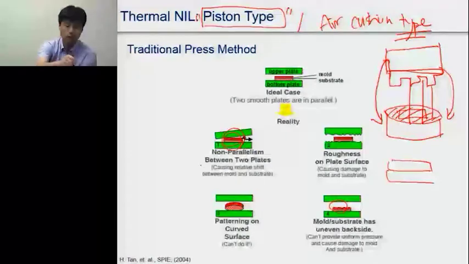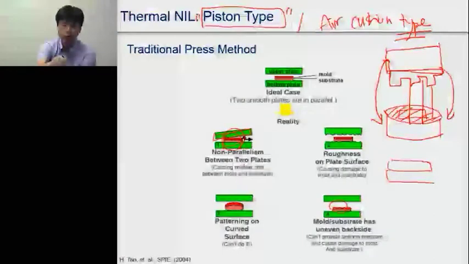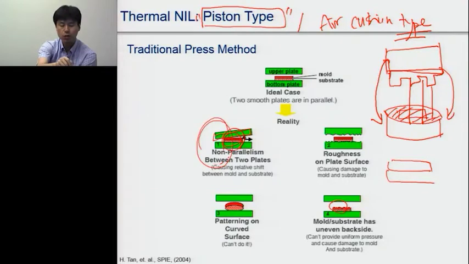In this first case, if the piston is a little bit tilted, then when the piston comes down and applies the pressure, the left side of the sample experiences much higher pressure because the piston is a little bit tilted.